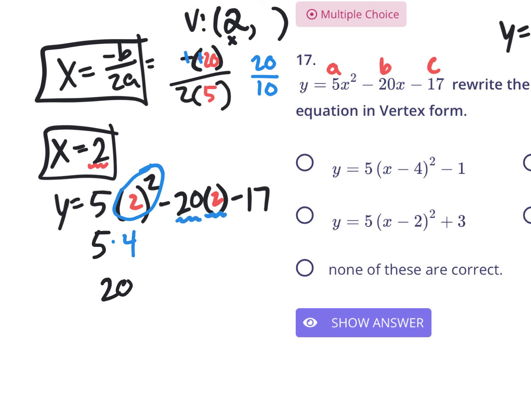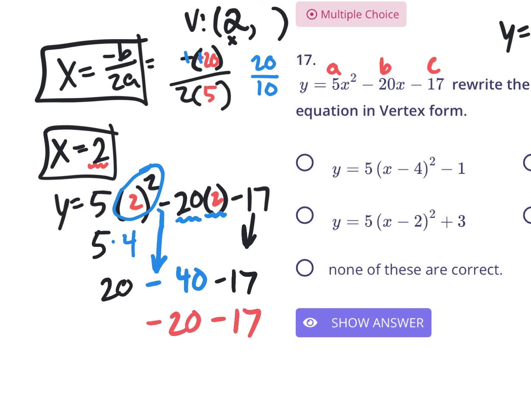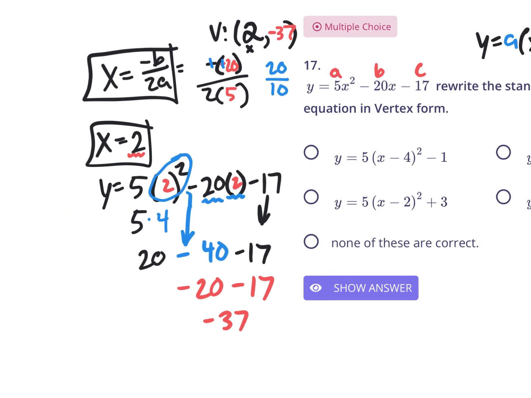You have 20 times 2, that's 40, with a minus sign right in front, so that's a minus 40. Then, of course, you just bring down that minus 17. So what we really have here is 20 minus 40 minus 17, which gives us a negative 37 as the y value. Whoa.